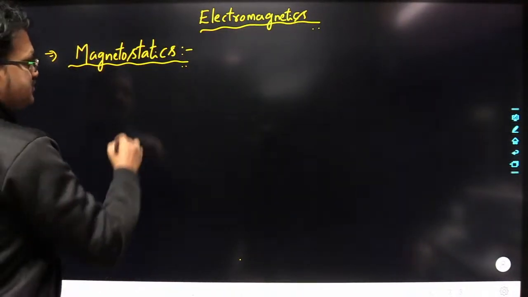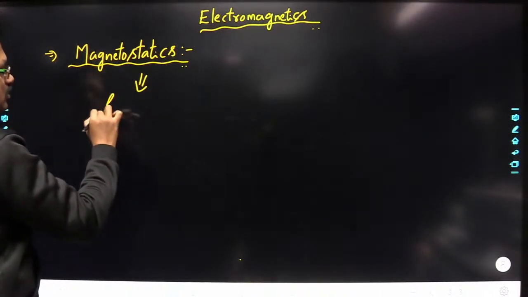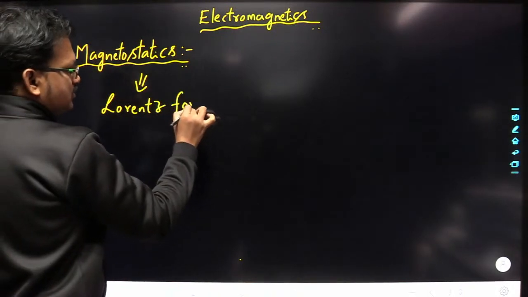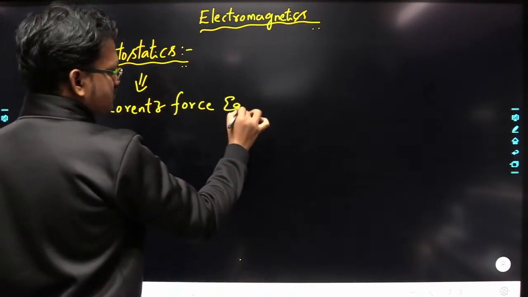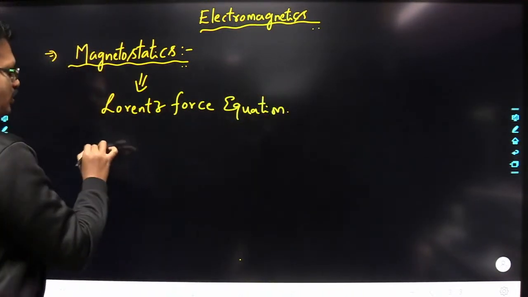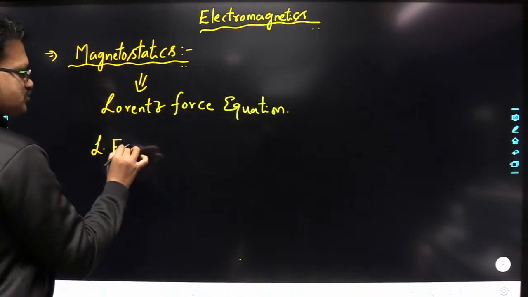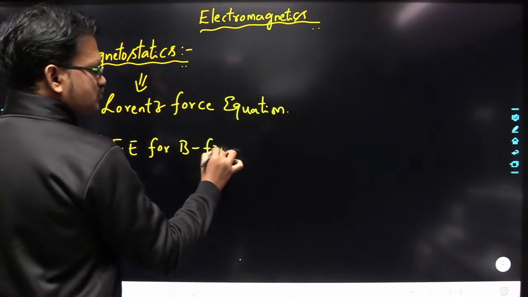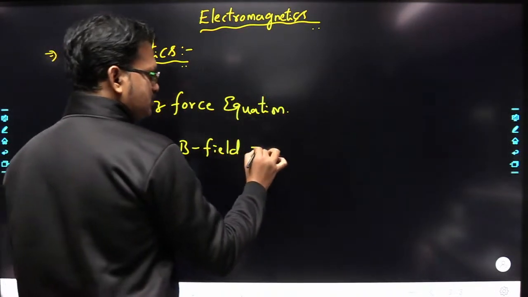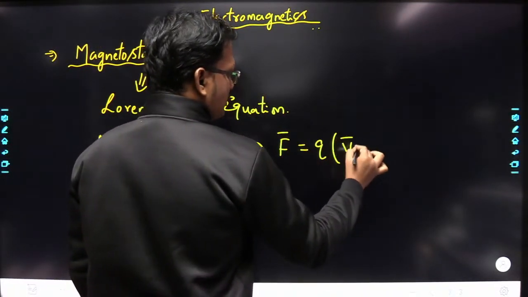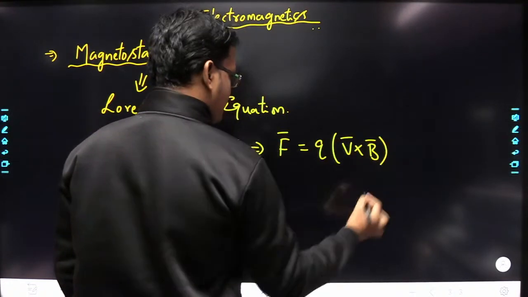In magnetostatics, we are dealing with the Lorentz force equation. We have seen that the Lorentz force equation for the B field is F bar is equal to Q into V bar cross B bar.